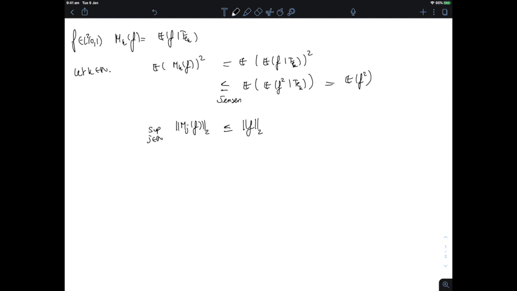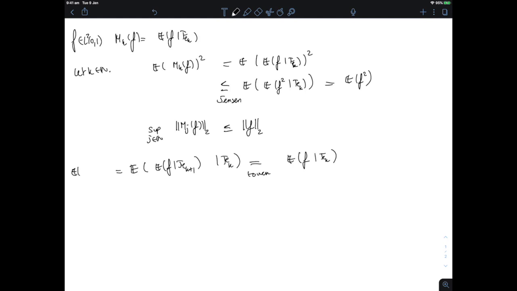Now notice that I have a martingale thanks to the tower property. I need to check that the expectation of m(k+1)f given Fk is mkf, but the tower property is exactly telling me that. The conditional expectation of a conditional expectation is just the conditional expectation given the smaller of the two sigma algebras, which is Fk here.